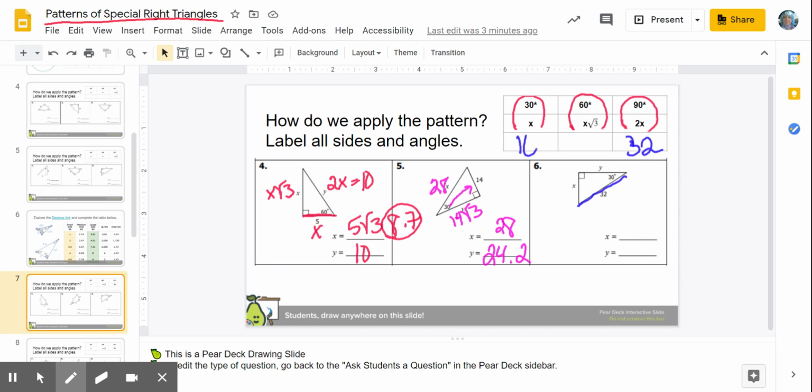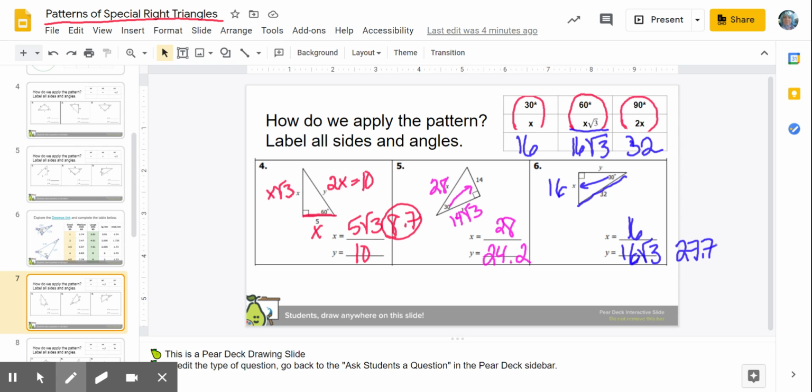It is for sure 16. And that's the side opposite the 30. Which means that the side opposite the 60 is just that number times the square root of 3. Awesome.